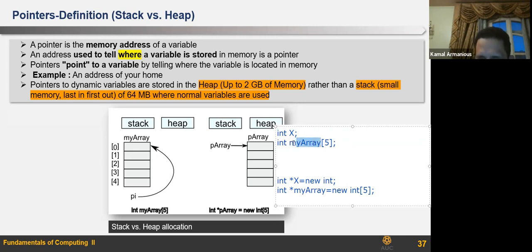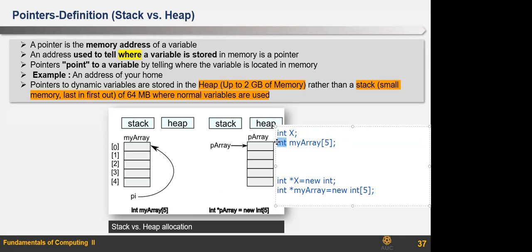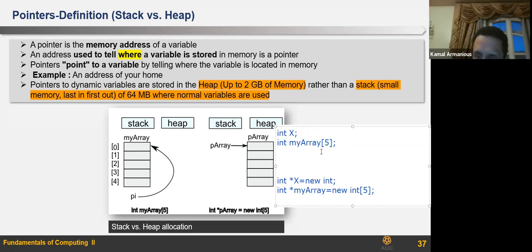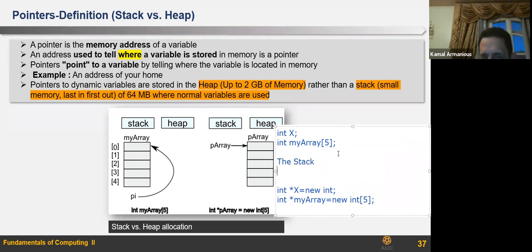This is an array of 5 elements, and those 5 elements are integers. So far, so good? Those are allocated in the stack, which is the small memory.